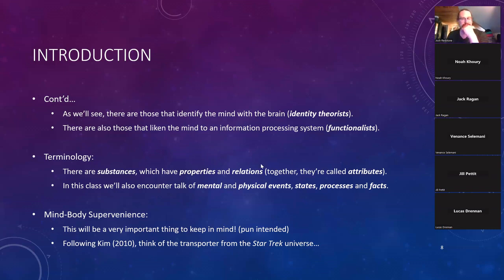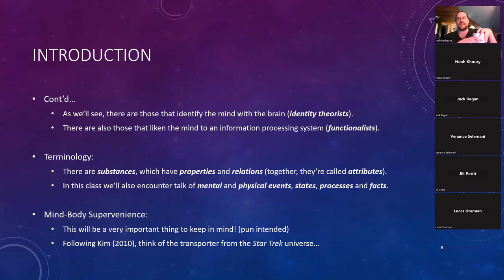All right, let's talk about a little bit of terminology. We want to talk about substances. Substances is something we'll talk further about in the next chapter. But substances, the way Kim is going to discuss them, are things to which properties can adhere. So I can have a substance, maybe matter. Say matter is a physical substance.